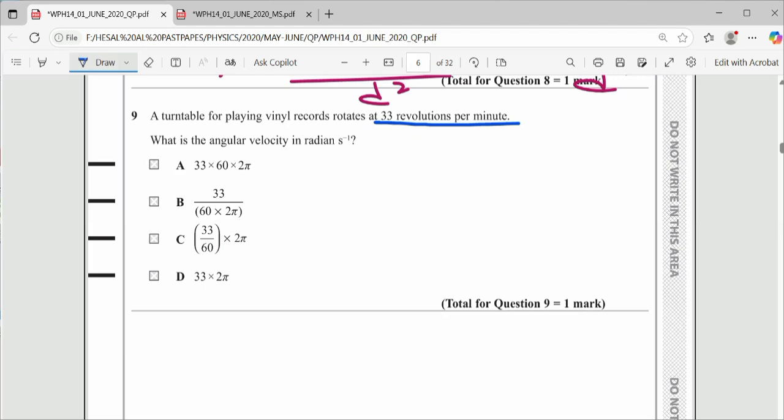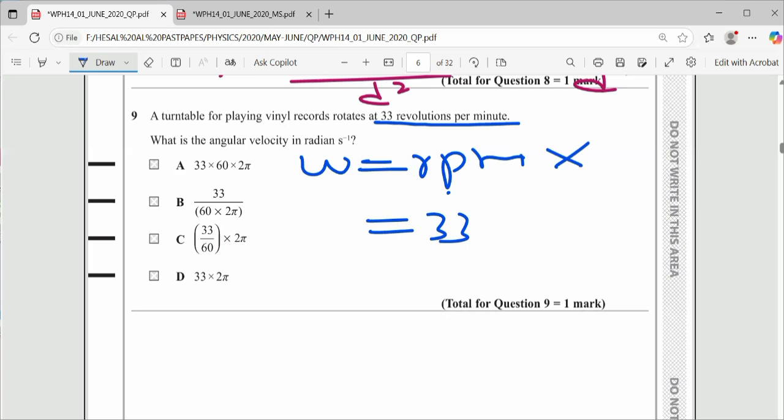Here we can start like this, omega. Omega is the angular velocity, radians per second. RPM, rotational speed. In here, I know it is 33. What do I want to do?